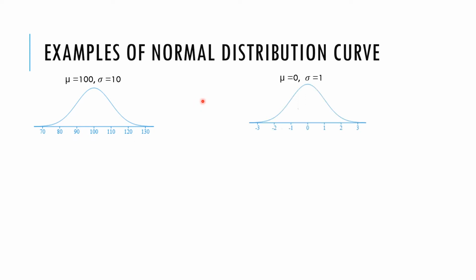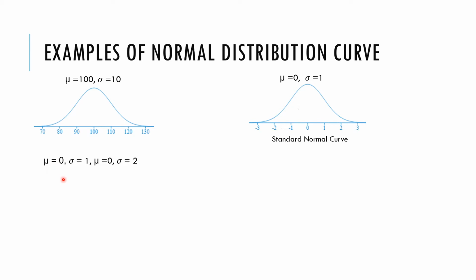Then another example is called standard normal distribution, because mean is 0 and standard deviation is 1. Whenever mean is 0 and standard deviation is 1 in a normal distribution, it becomes standard normal distribution, and the curve will be the standard normal curve. And then we look at the effect of changing the standard deviation on the curve.